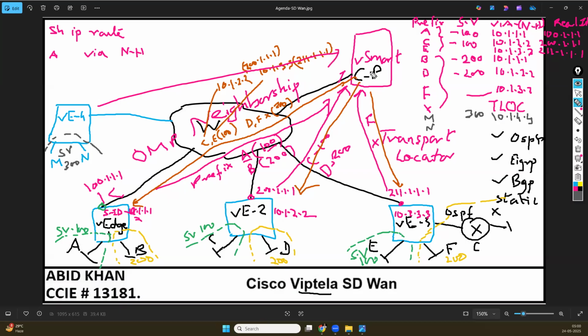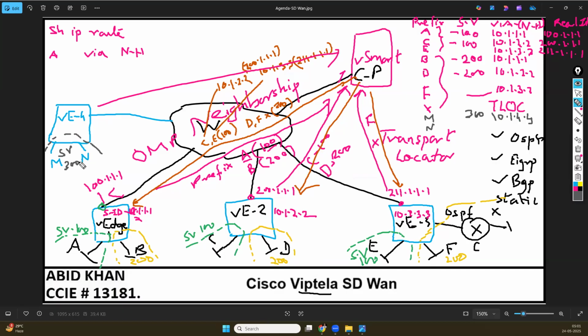What will vSmart do now? If you see, VH4 now has its own service VPN, different compared to VH1, VH2, VH3. So will vSmart forward this information of A, B, C, D, E, F? No. vSmart intelligently knows that VH4 has told me it has only service VPN 300.